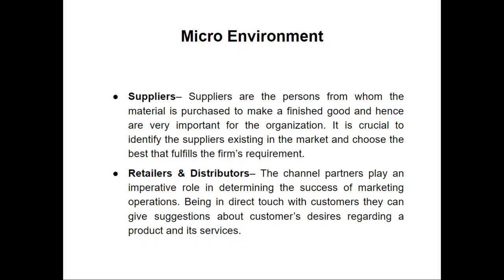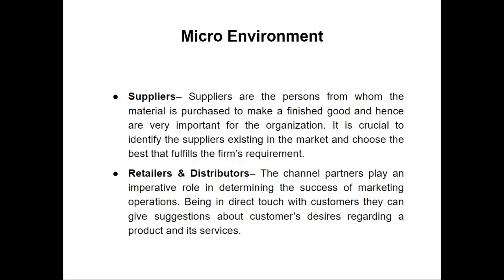If he is not going to be right in this sense, then it is going to be a risk for the business concern. If the suppliers are selected well, if the raw materials are supplied well, then it can be assured that the output is going to be really better, and sometimes it would result in the best output as well.